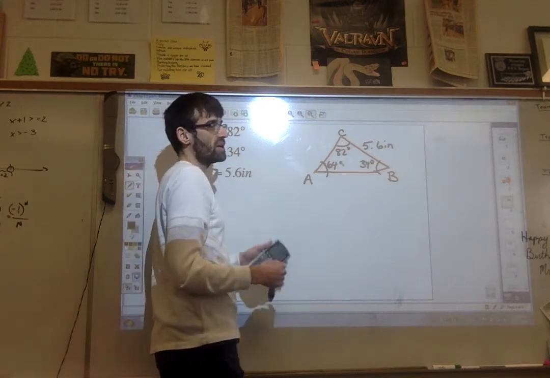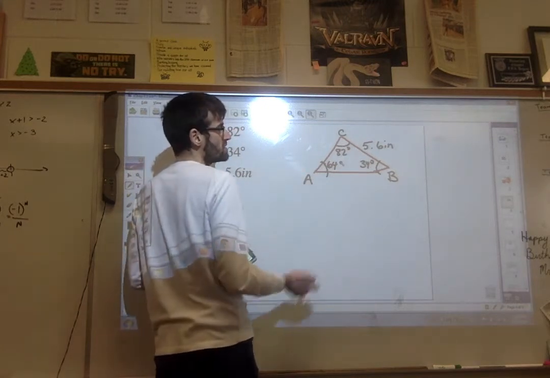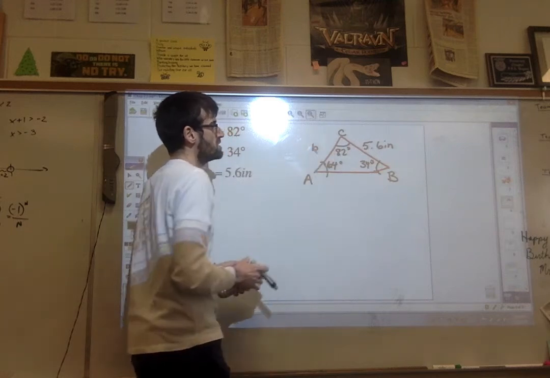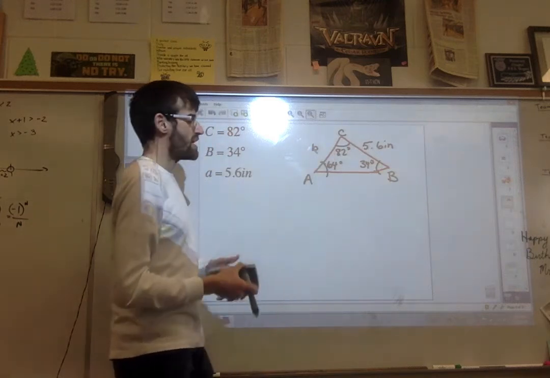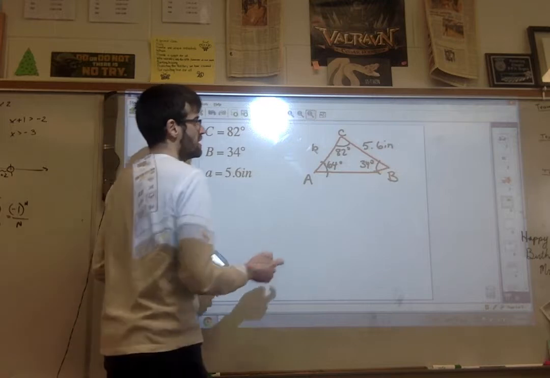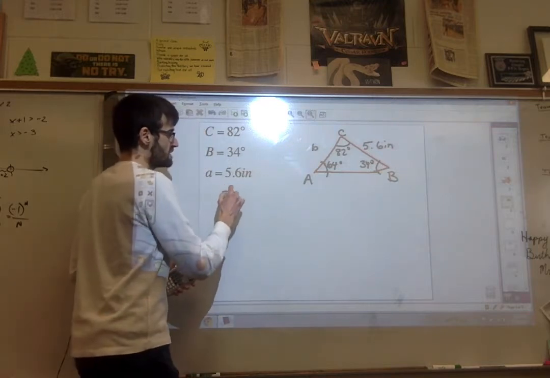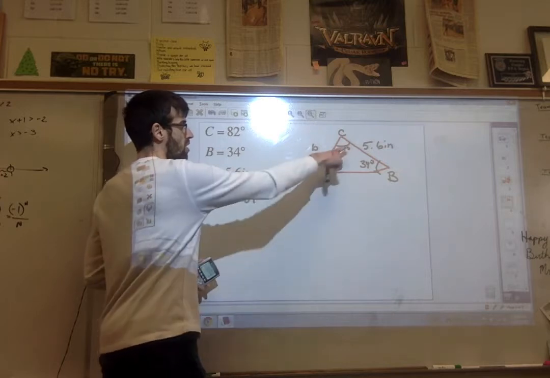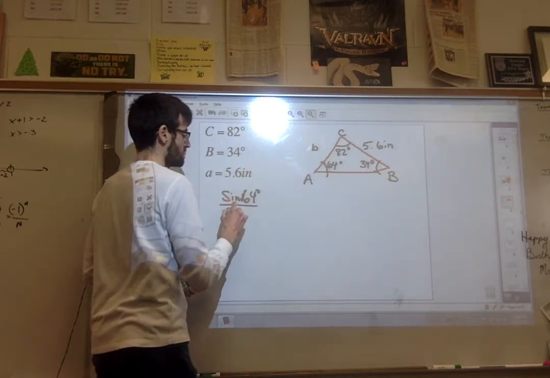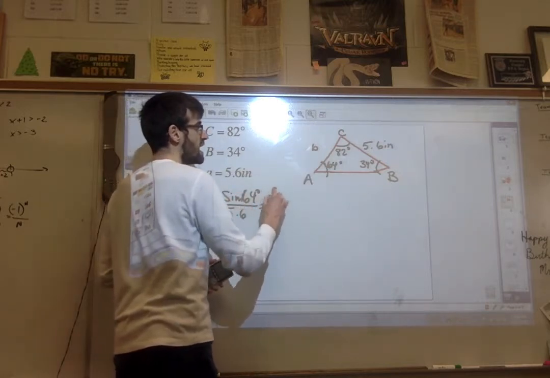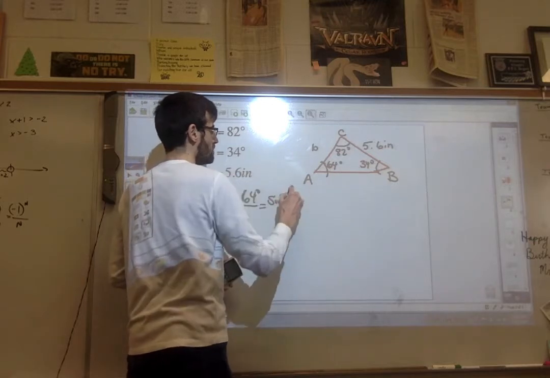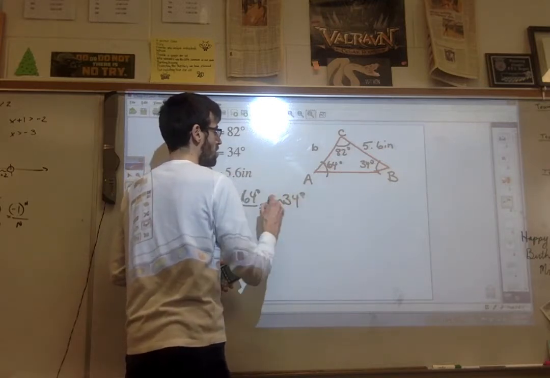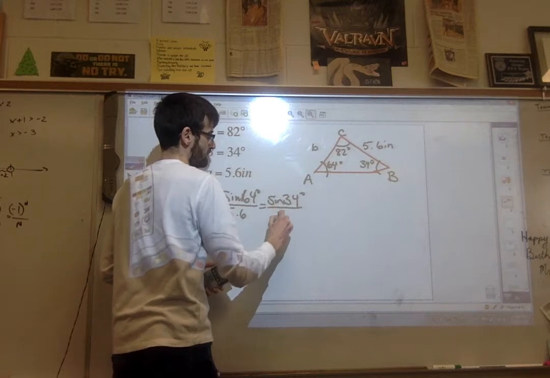I can solve for either angle first. I'm going to solve smallest to largest because that comes into effect when I do the law of cosines. So I'm going to set the sine of A, which is 64, over 5.6 equal to the sine of 34 over little b.